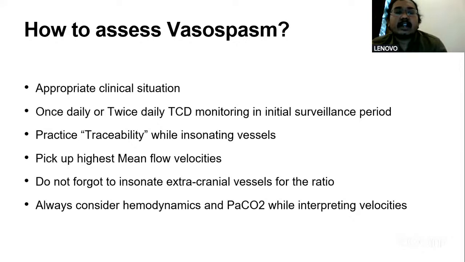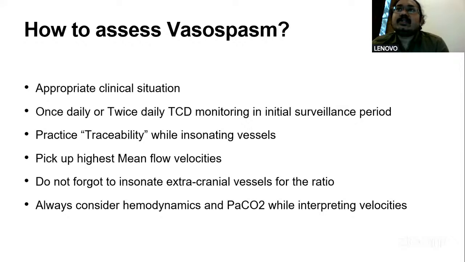When we are doing this traceability, we would get multiple velocities. The point where there is the highest mean flow velocity is the point of vasospasm. Also, when you get these mean flow velocities in the intracranial arteries, make sure you insonate extracranial vessels for the ratios.